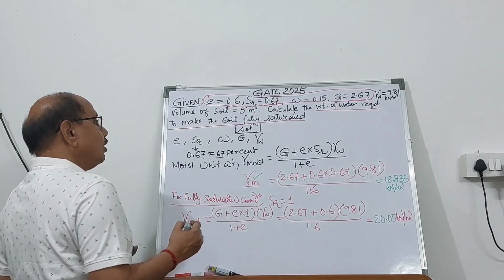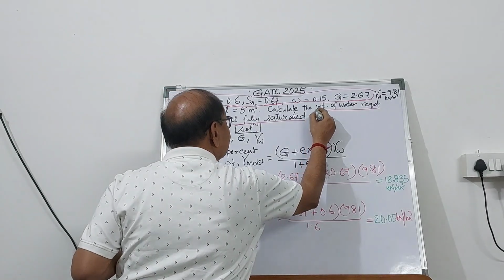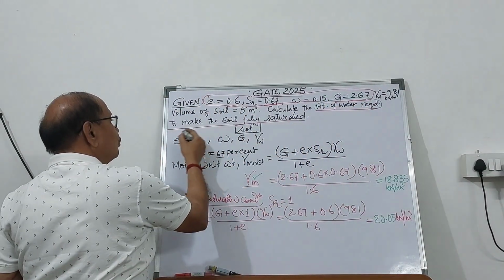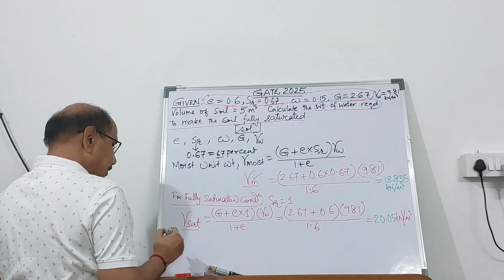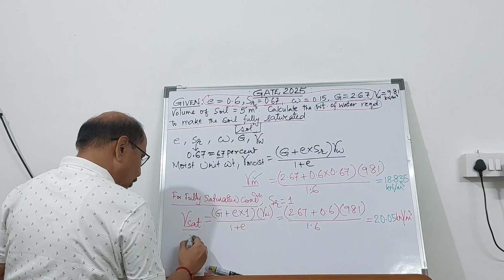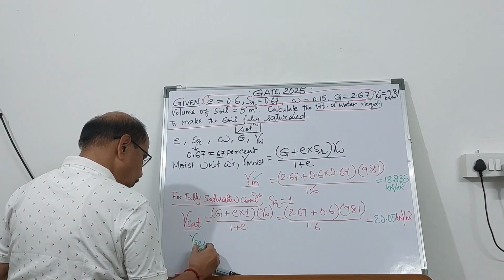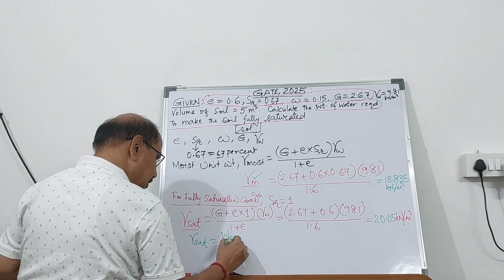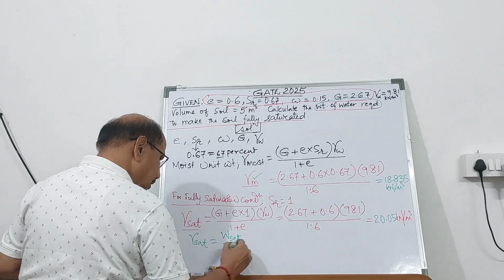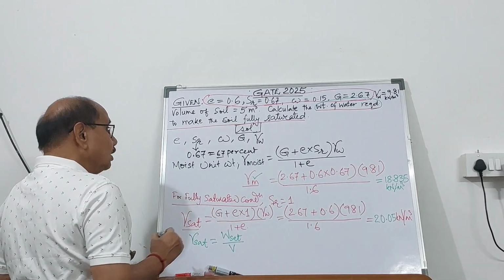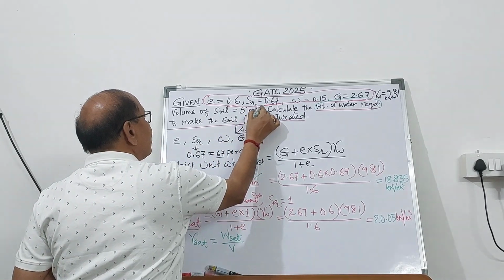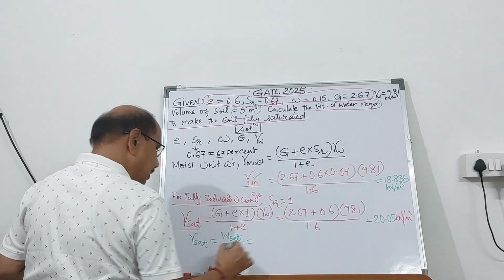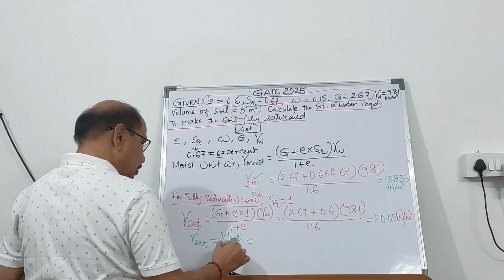Now, in order to calculate the weight of water required to make the soil fully saturated, this gamma saturated is defined as weight of saturated soil per unit volume. The volume is already given in this problem as 5 meter cubes. So this can be written as W saturated.